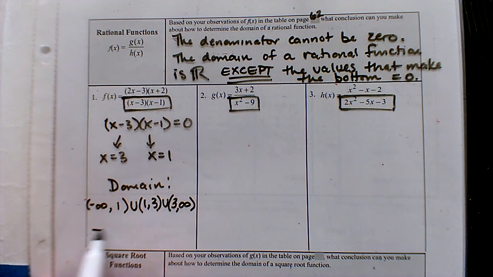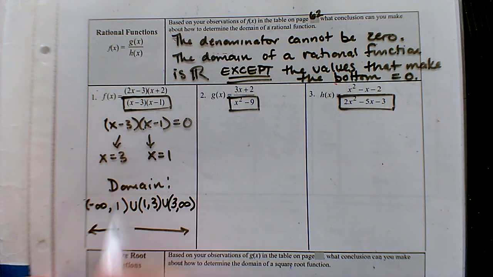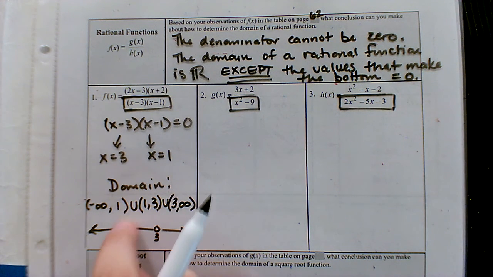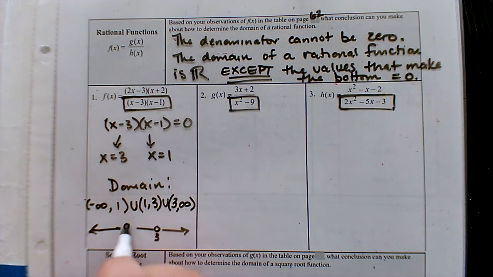So if you were to think about a number line, you can go all the way to the left and all the way to the right, kind of like your x-axis, but we're going to skip over 1, and we're going to skip over 3. You can think about those as maybe open circles, maybe asymptotes on the graph.